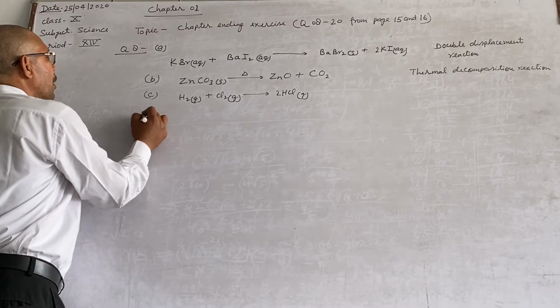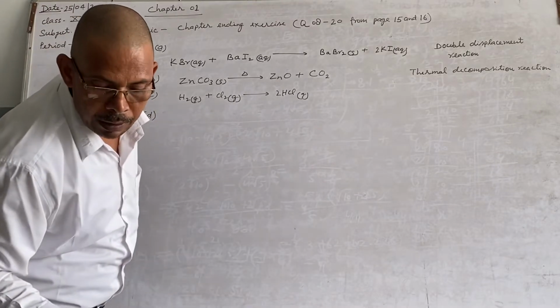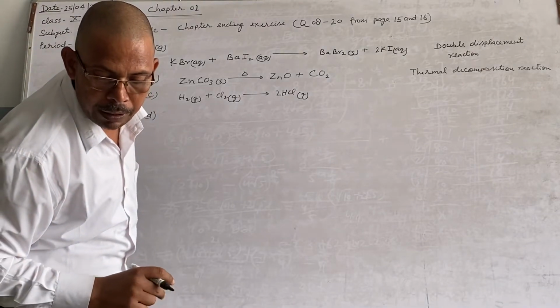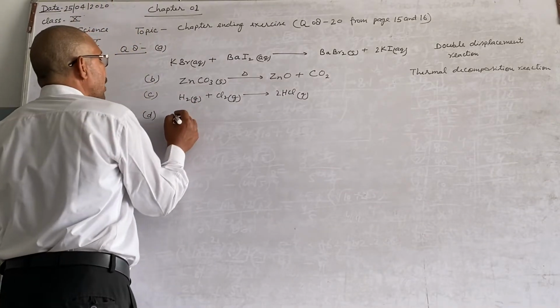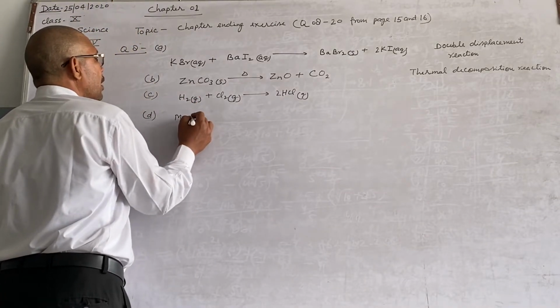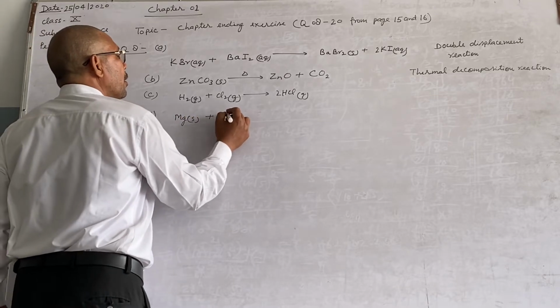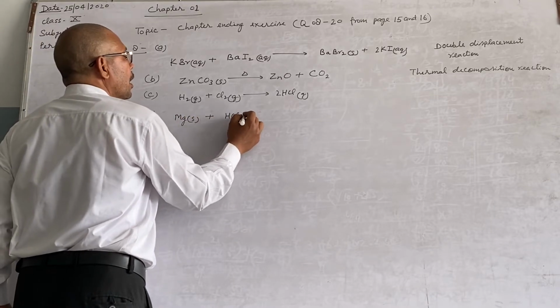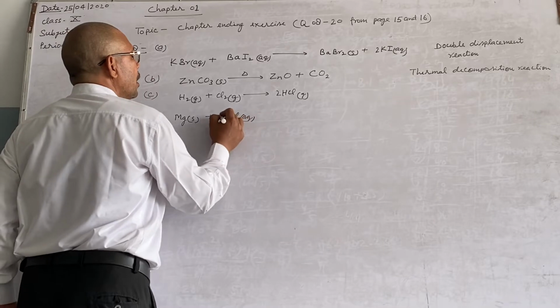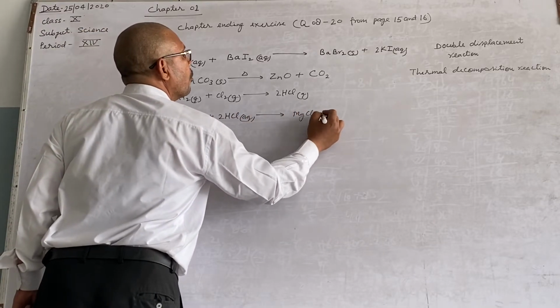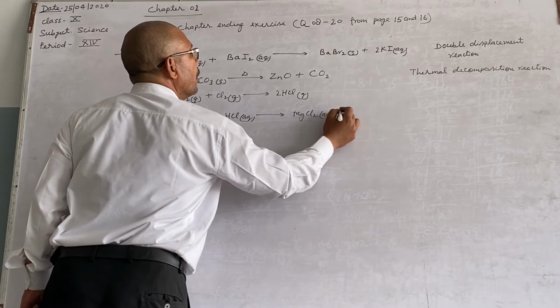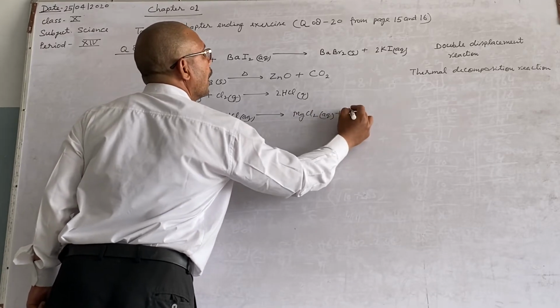And D. Magnesium plus hydrochloric acid, after reaction magnesium chloride and hydrogen gas. Magnesium metal and HCl hydrochloric acid react to form magnesium chloride aqueous plus hydrogen gas.